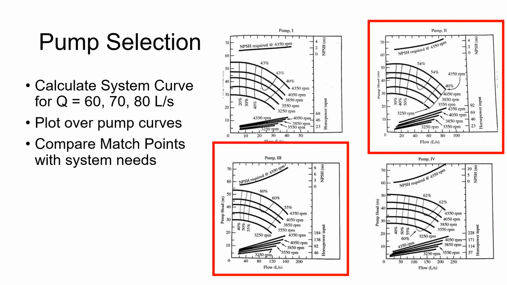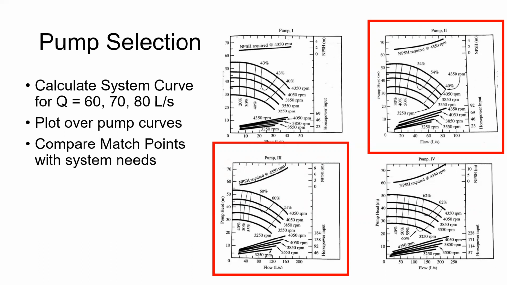But now we need to actually figure out, well, what RPM and kind of efficiency makes the most sense. So we'll stick with Darcy-Weisbach, and we'll plot the system curve for different flow rates, spanning the flow rate that we want to have. We're not going to be exactly on 70, but we want to be at least 70, right?